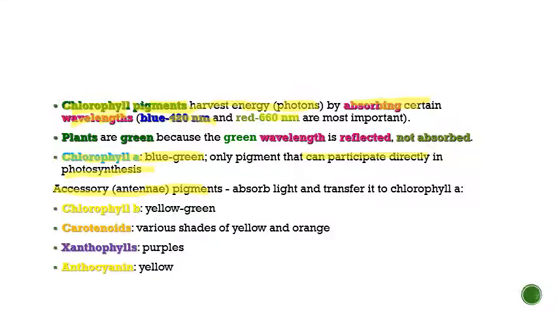These absorb light and transfer it to chlorophyll A. The first accessory pigment is chlorophyll B, which is responsible for the yellow-green side, and the carotenoids, which are responsible for various shades of yellow and orange, and xanthophyll is responsible for purples, and anthocyan is for yellow.